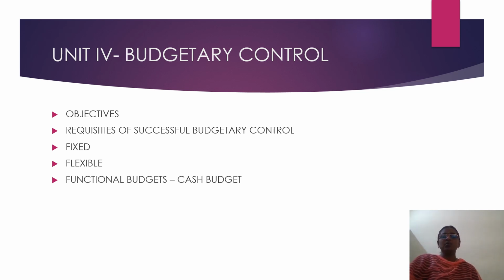Flexible budget is more important, and it should be given importance for section C. And the most important functional budget is the cash budget. For section C, you have to see the cash budget. In section B, small budgets like labor budget and material requirements budget will be asked.